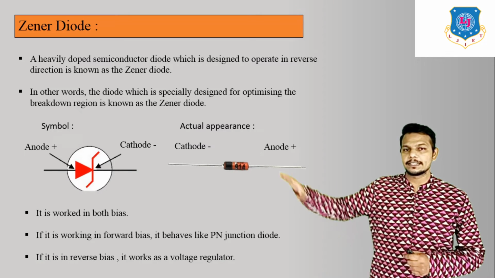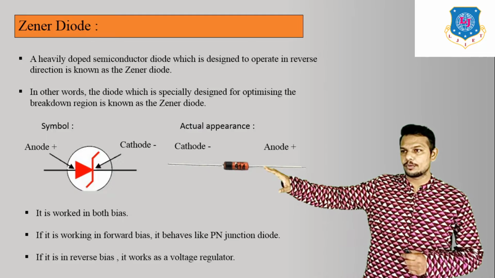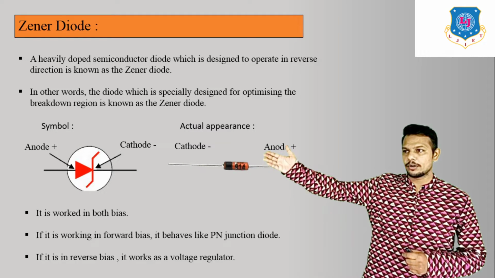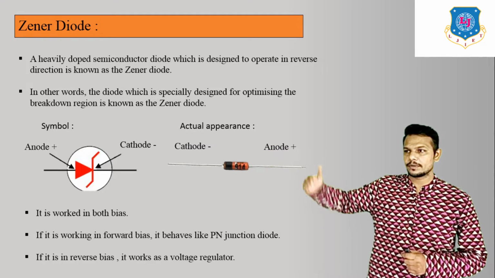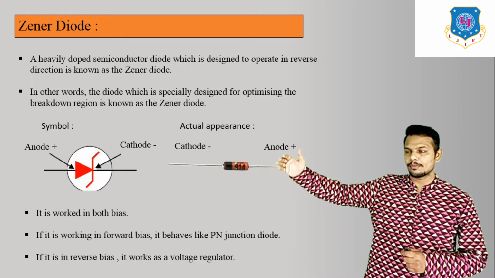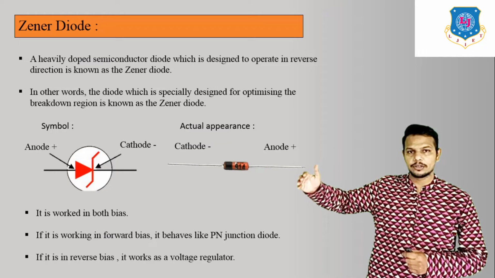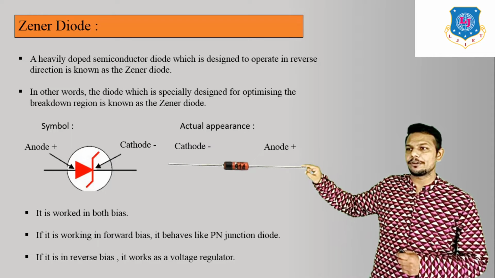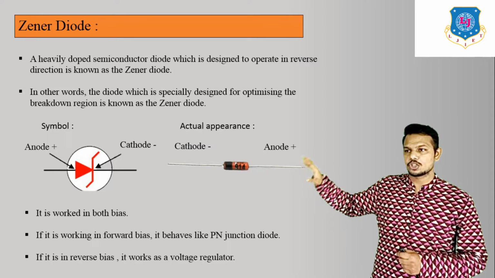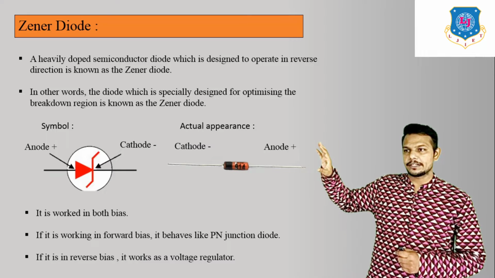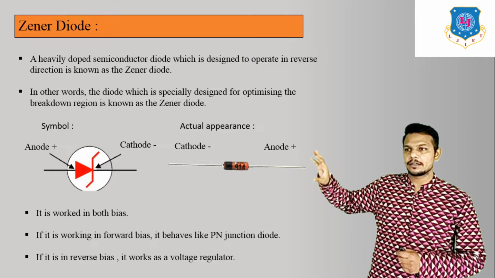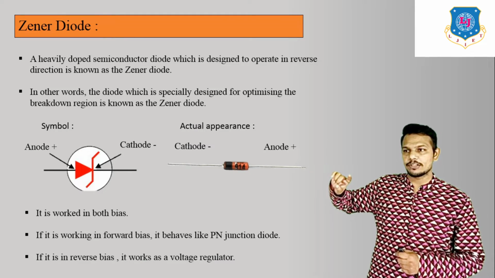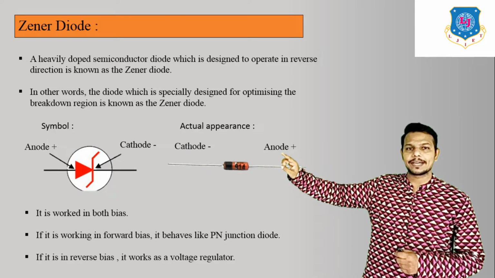Here we can see the symbol of the Zener diode, with anode and cathode; current always flows from anode to cathode. So this is the symbol and this one is the actual appearance of the Zener diode. At the plus side, the anode side, current flows from anode to cathode.